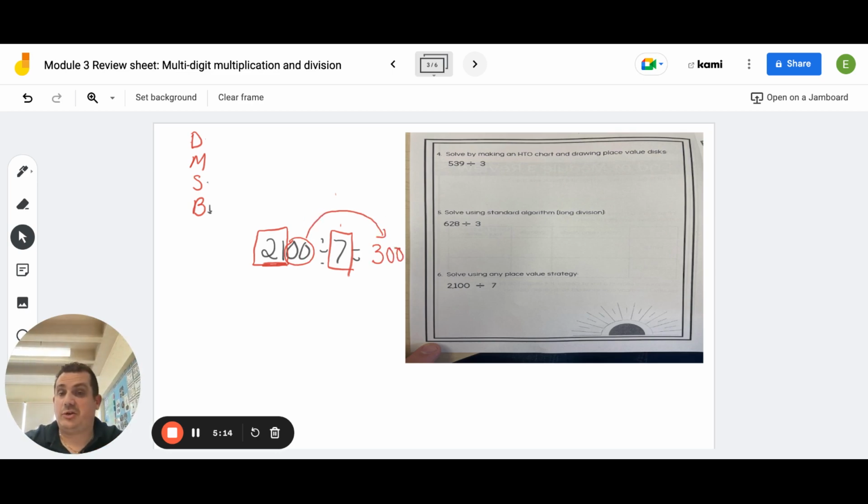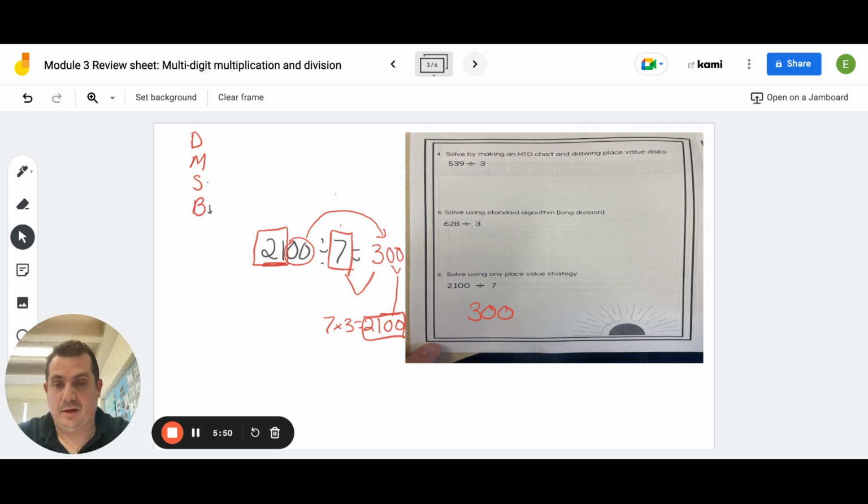Now we have 2100 divided by 7 equals 300. Your check here would be 7 times 3 is 21, and bring our 2 zeros, 2100. So your answer is 300. With one like this, with zeros, you don't have to do long division. You can, and you would still get the same answer. But when you've got some friendly numbers, you should be able to do it without long division.